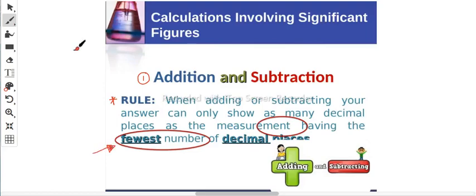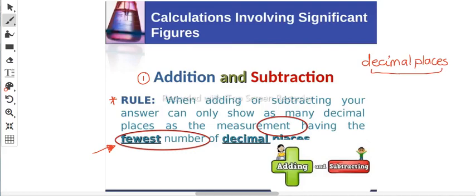It's not the significant figures. So remember, it's the decimal places. And you need to look for the smallest decimal place presented, and your final answer should be taken. This rule is always taken whenever you have an addition and subtraction.